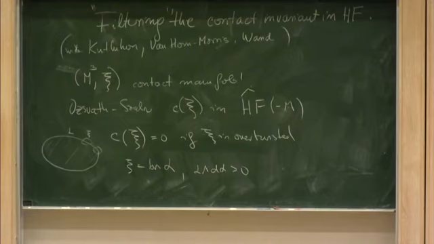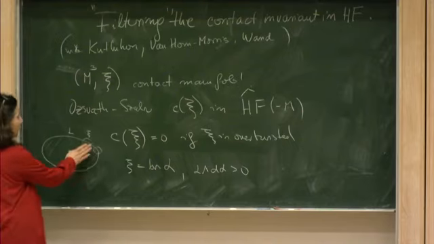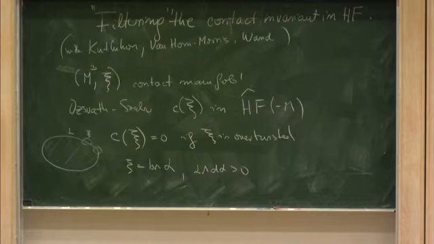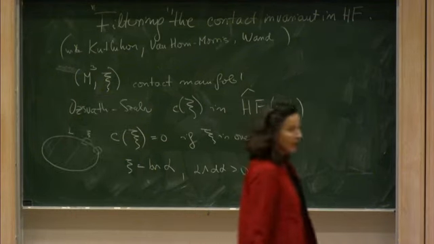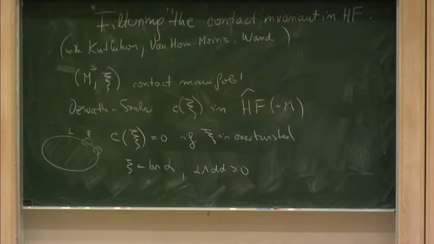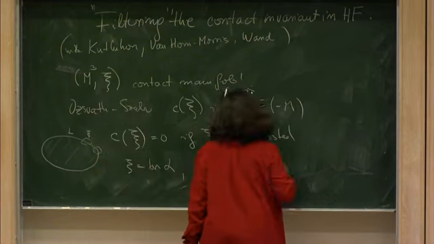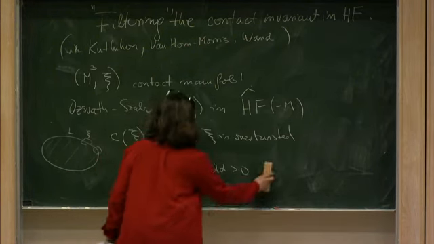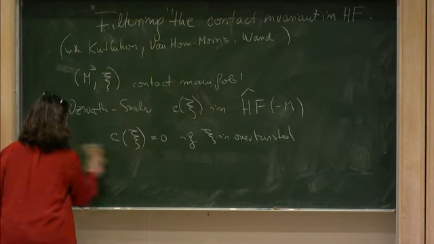That is called an overtwisted disk, and we say the contact structure is tight if it doesn't contain such an overtwisted disk.